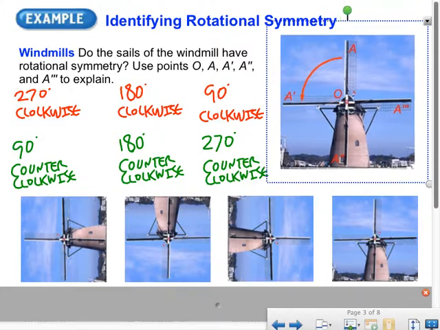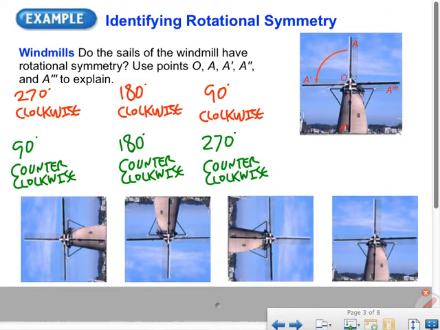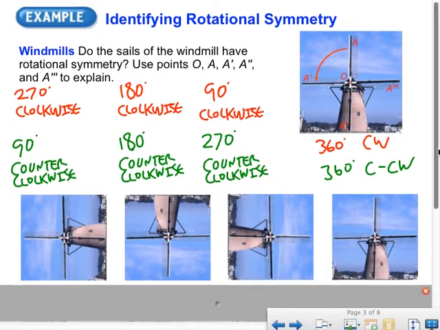So again, 360. I'm going to put CW for clockwise, and then 360 degrees for counterclockwise. Okay, any questions?